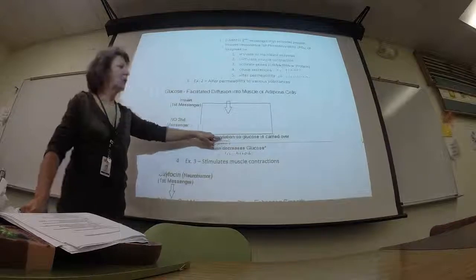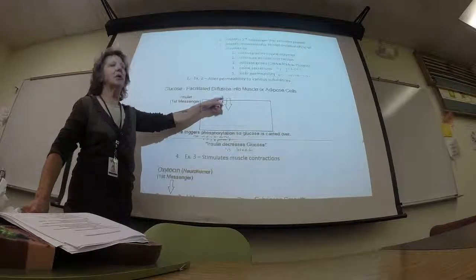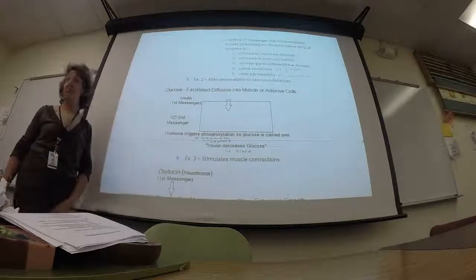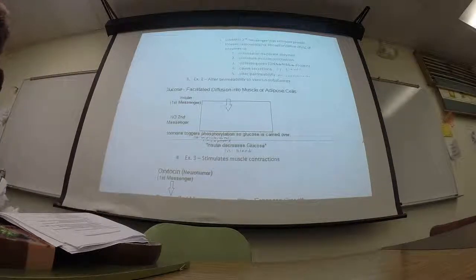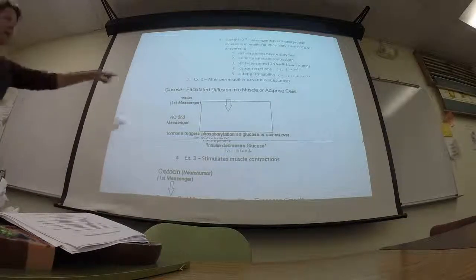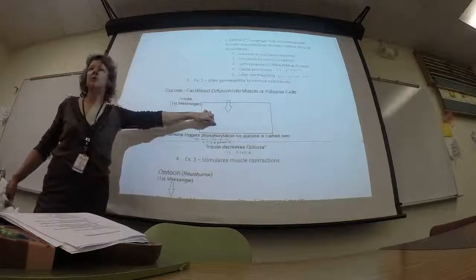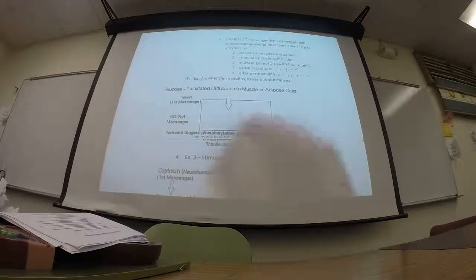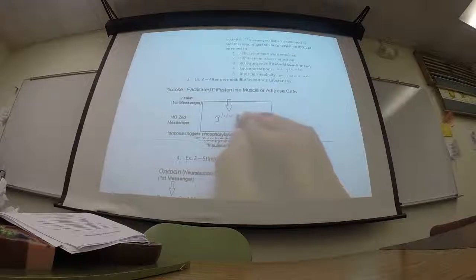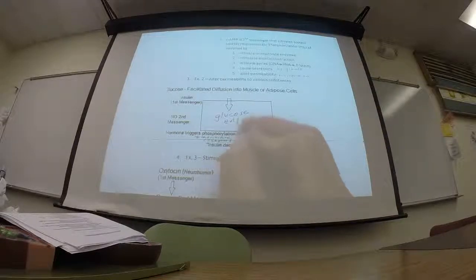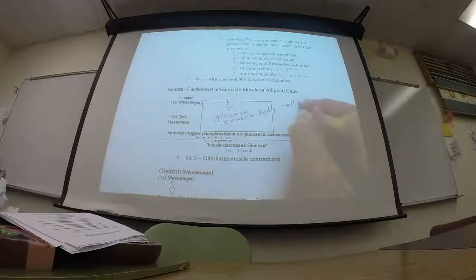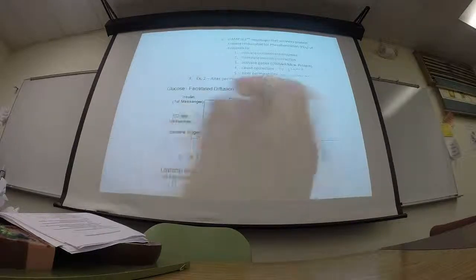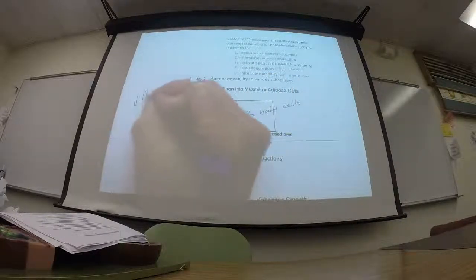And what this does is there were some pore channels, big glucose needed a pore channel to get through this cell membrane and enter this body cell. And that's why insulin is known to lower blood glucose.